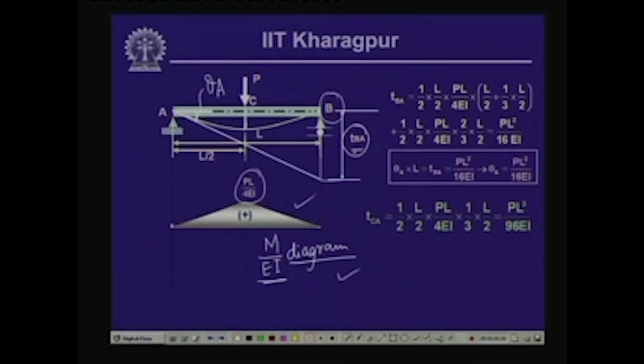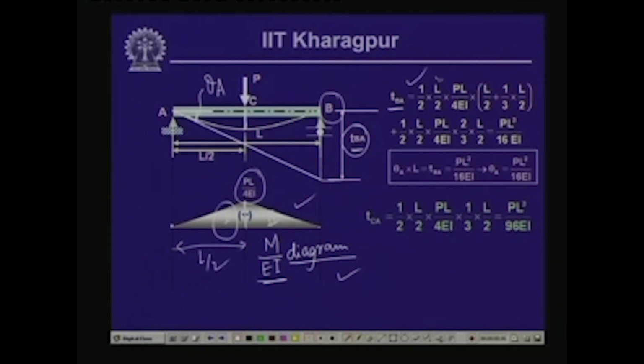So, let us evaluate this value TBA. Now here, this whole triangle we can divide into two parts. This is the first one and this is the second one. For the first one, if we take the moment of this triangle with respect to point B, this is half, and this distance is L by 2.